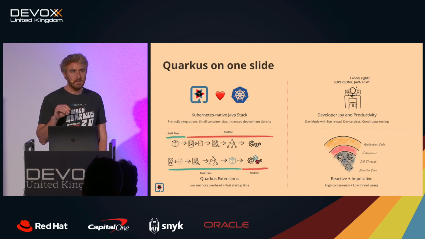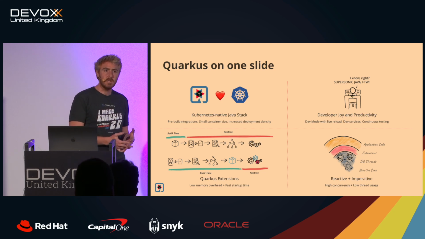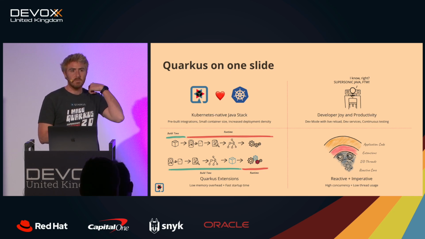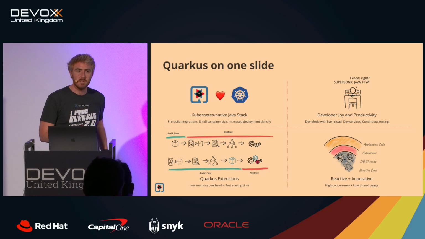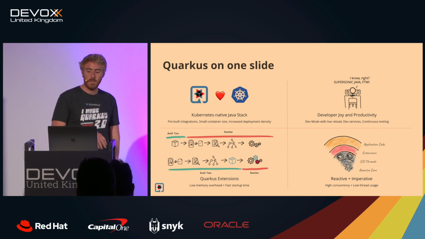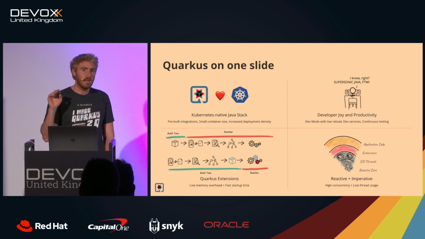The reactive core actually reduces the amount of threads your application needs when running and accepting requests. And we'll see that we are not going to create threads for handling our messages. Quarkus handles that for us.